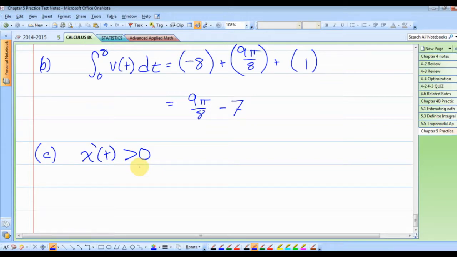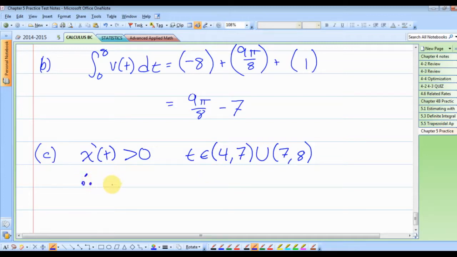Good. Don't be tricked. You're looking at a graph of x prime. X prime is positive if the line is above the x-axis. From 4 to 7, and 7 to 8. Is it just 4 to 8? No, because at 7 it's 0.